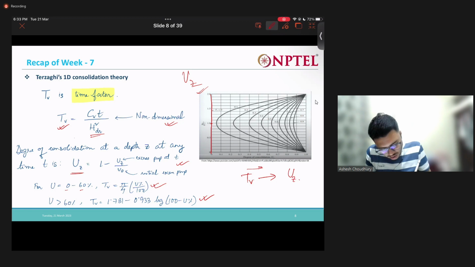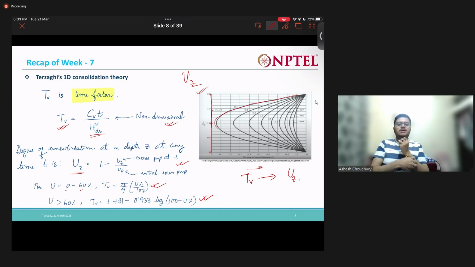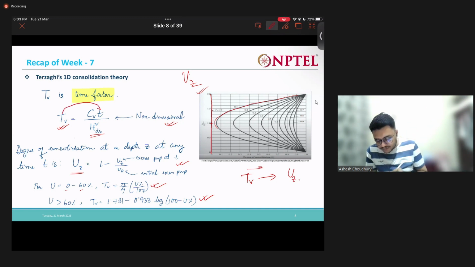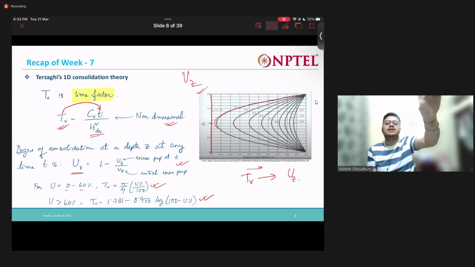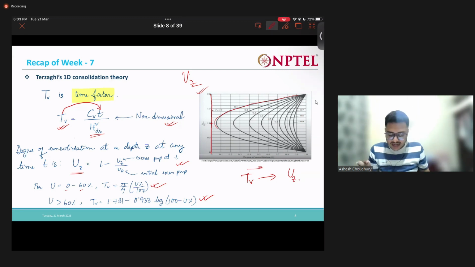We are getting various plots for Tv, which is the time factor. Now what is the time factor? Time factor is a direct relation with time. It is the entity which connects our deformation to the time.